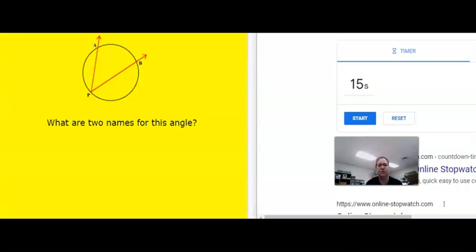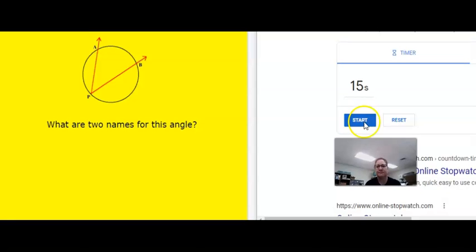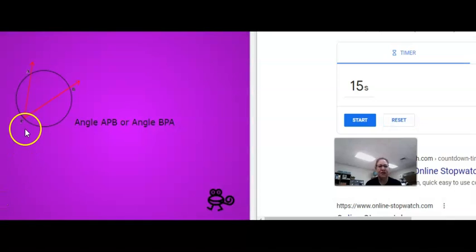What are the two names for this angle? You could call it angle APB or angle BPA. Bonus points if you said it's acute.